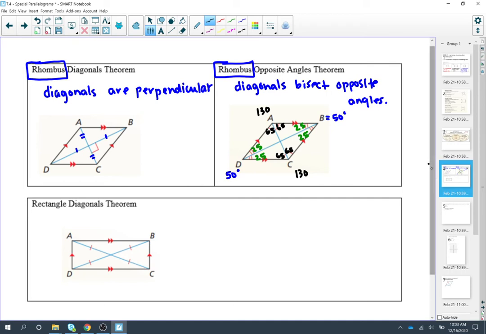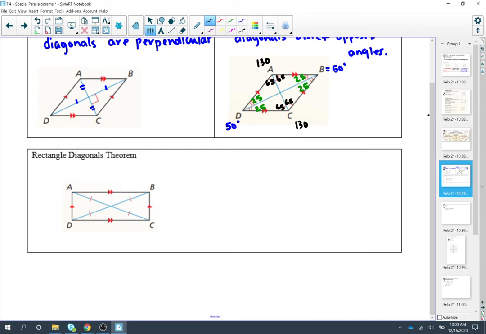One more. Rectangle. Okay, rectangle diagonals theorem. So first of all, if it's a rectangle, we already know that the diagonals cut each other in half. So this is congruent to this, and then this is congruent to this.